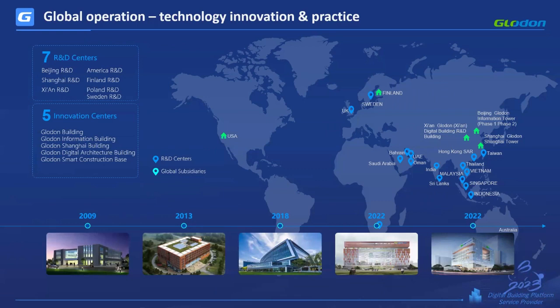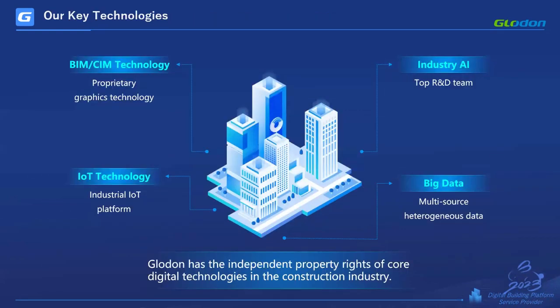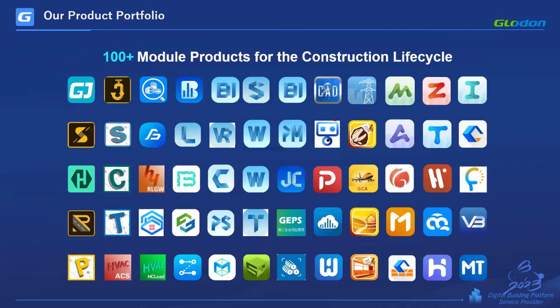We have 7 research and development centers all over the world: America, Finland, Florida, Poland, Sweden. And we have a lot of innovation centers. And you can see we are embedded with building information modeling technology, IoT, Internet of Things, and we are working with AI, and we are dealing with big data.